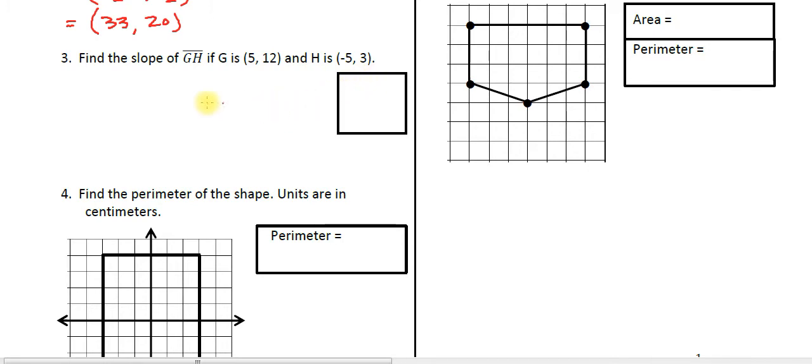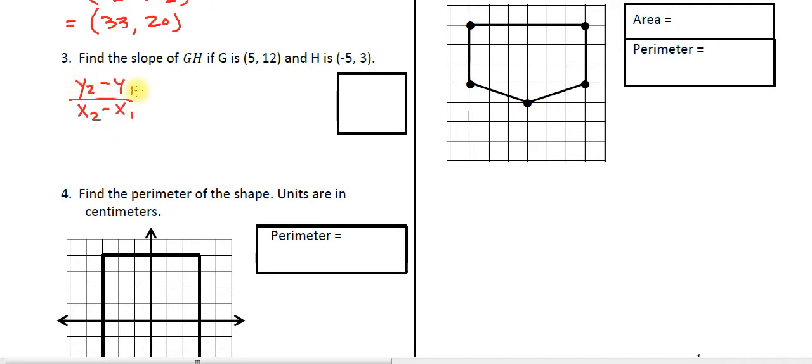Now I'm going to write this formula down, class, because we just did this toward the end of the unit. To find the slope of any segment connecting these two endpoints, you take y sub 2 and subtract y sub 1, and that's going to be over x sub 2 minus x sub 1. Now I've seen some of your work, class, and there are some of you who are still flipping these around.